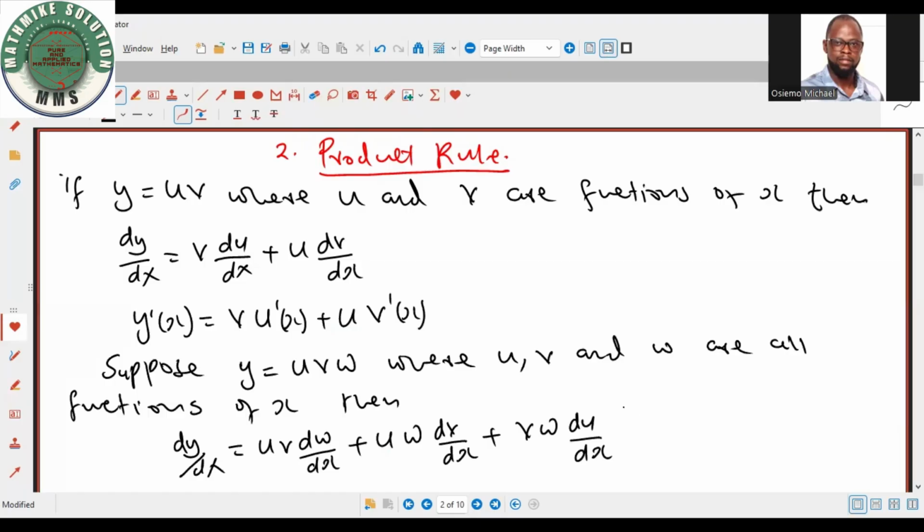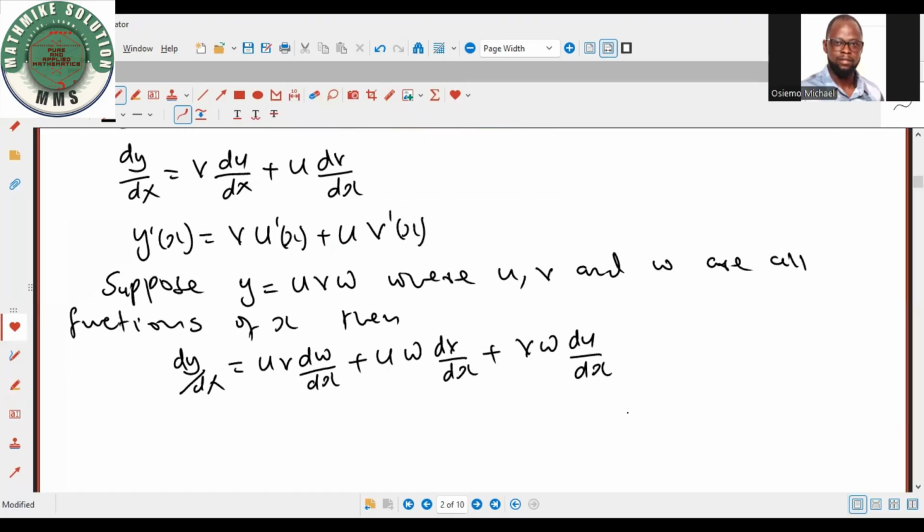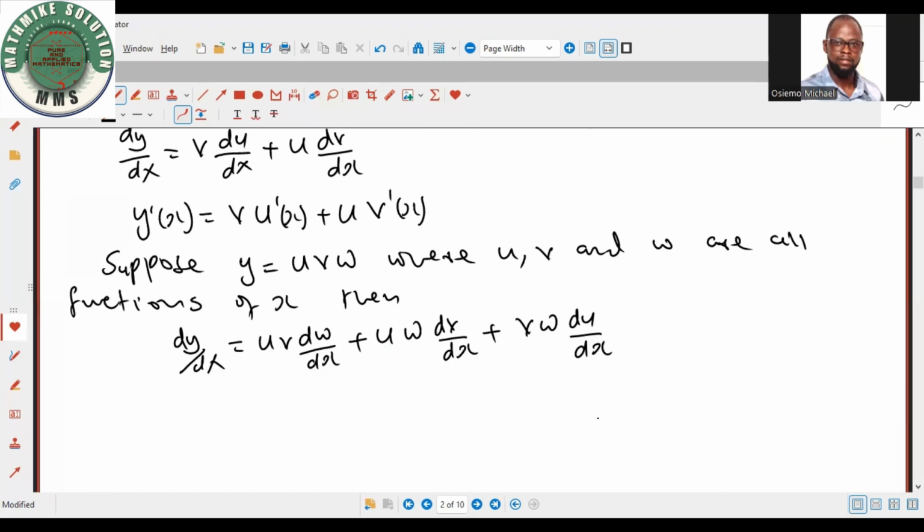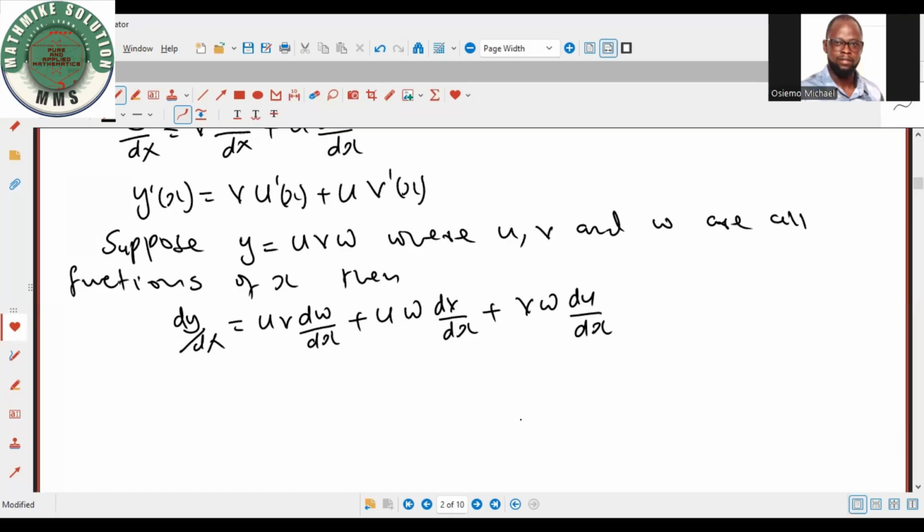So this means that even when maybe you have a function which is a product of many functions and all of them depending on x, it is possible to find its derivative. So we want to look at a number of examples.